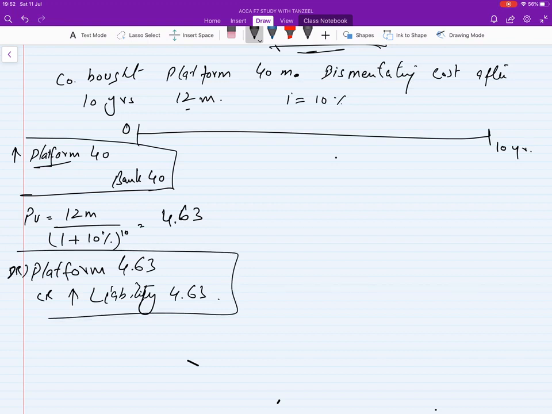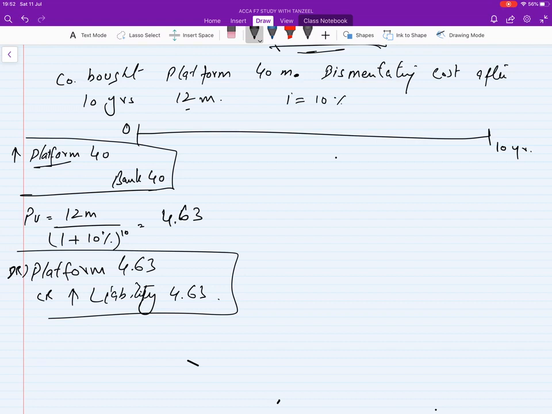This is very famous. If you are discounting with the 10% interest rate, then you need to unwind that discount with the same interest rate.